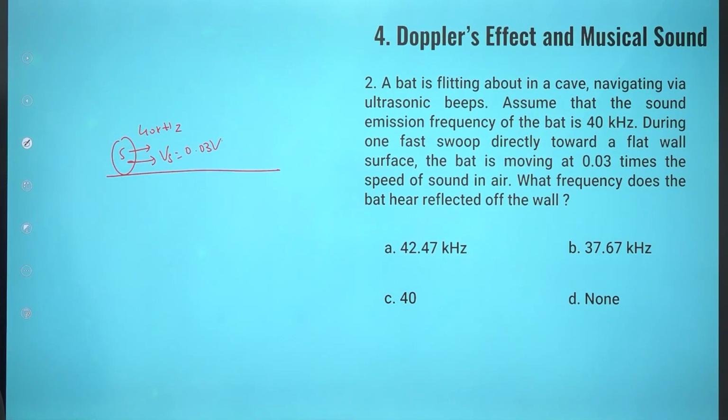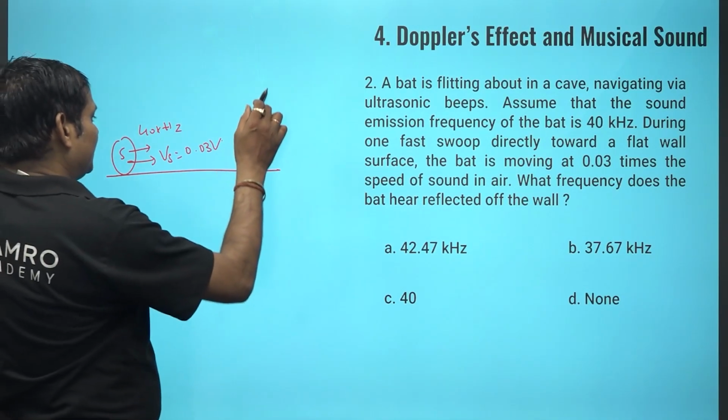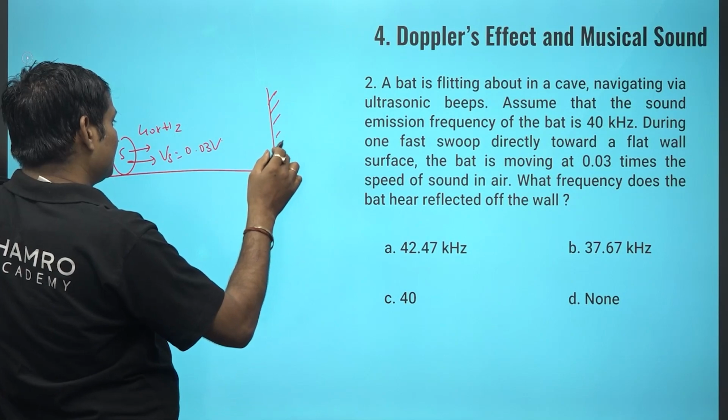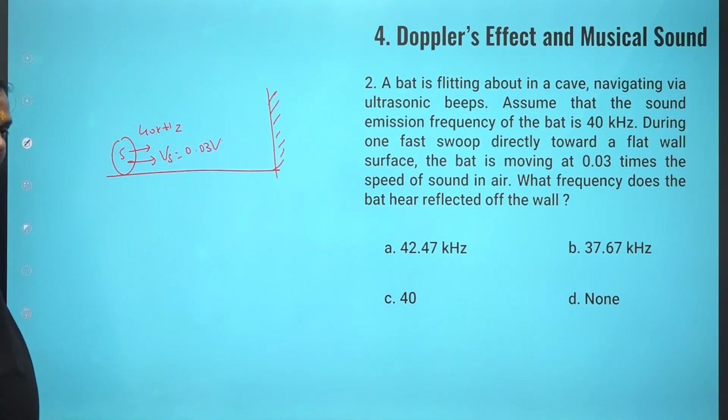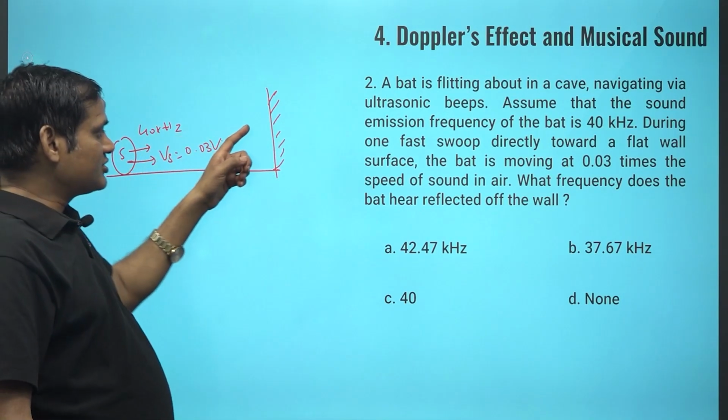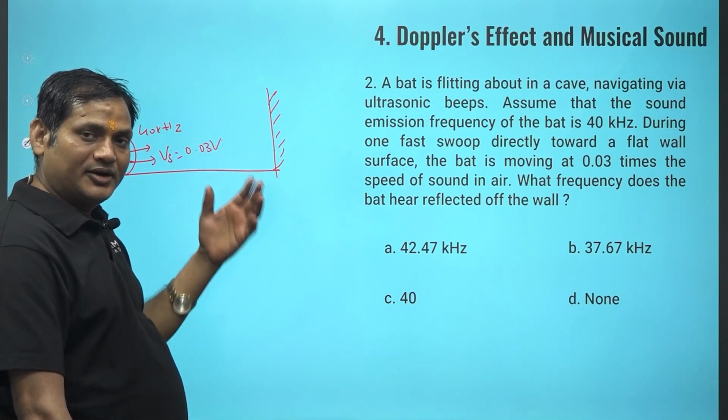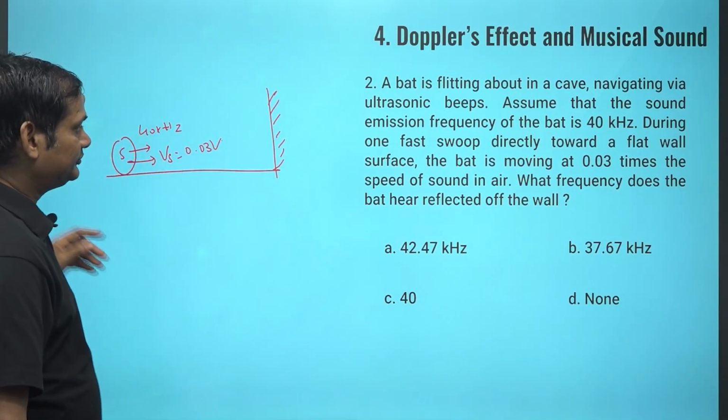What frequency does the bat hear reflected off the wall? That means first we find the frequency heard by the wall, and then the frequency it reflects, we find again.